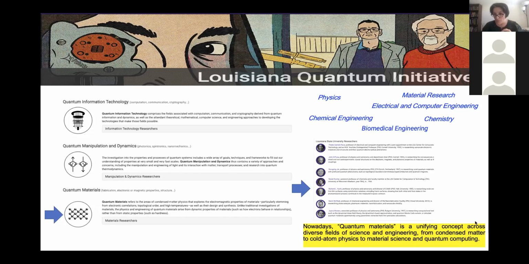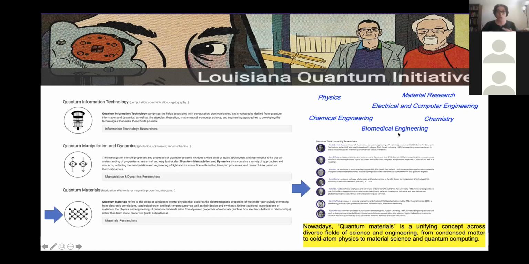Some of them you might recognize because they probably are your REU core mentors. But what I want to emphasize here is that if you look at the research areas of the people involved in the quantum material initiative, you will see that you have experts from very diverse fields like physics, chemistry, material research, electrical and computer engineering, chemical engineering, biomedical engineering, right?